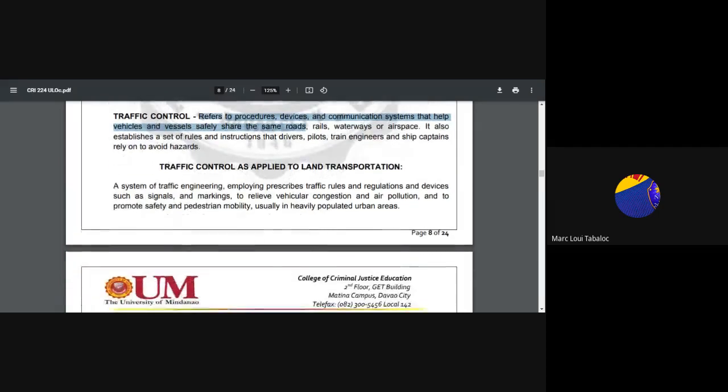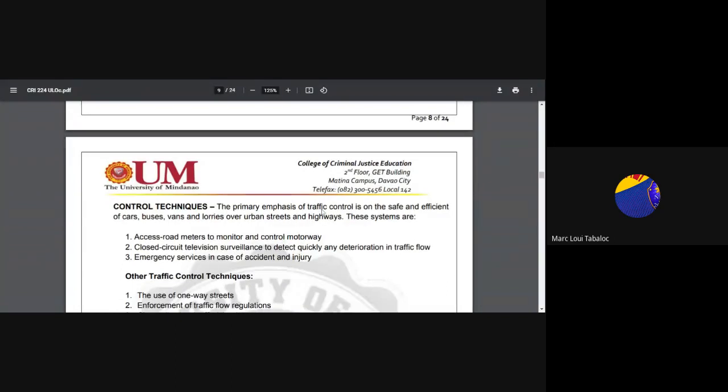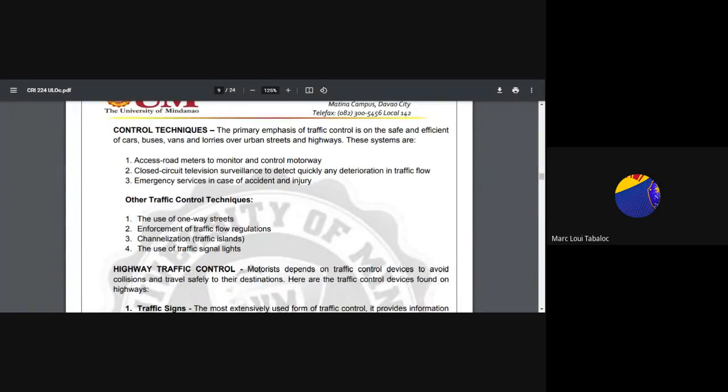Okay? So, in land transportation, there are different control techniques that could be used to efficiently control traffic. We have 3 general control techniques. First is access control, and an example of that is the road sensors and road meters constructed under the main roads to monitor the movement of vehicles on a motorway.